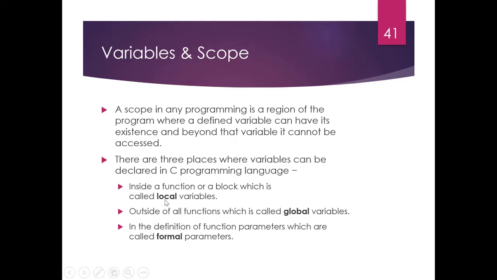Inside a function or block, which is called a local variable. If we define a variable inside a function or any block, we call it a local variable. The next one is outside of all functions, which is called a global variable, where after including stdio.h and all the libraries, we can declare variables.